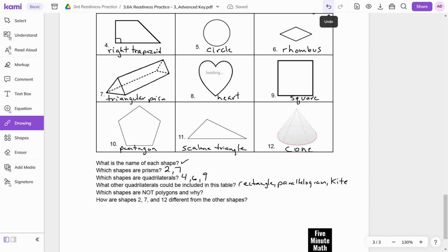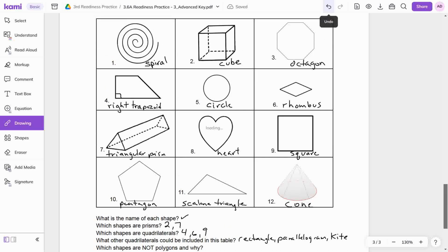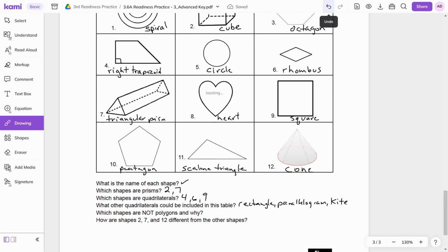Which shapes are not polygons and why? Okay, so we've got two classifications of not polygons. So 1, 5, and 8 are not polygons because they are not closed and straight.